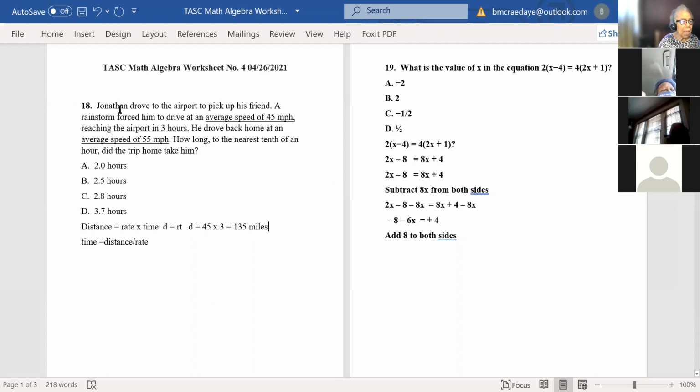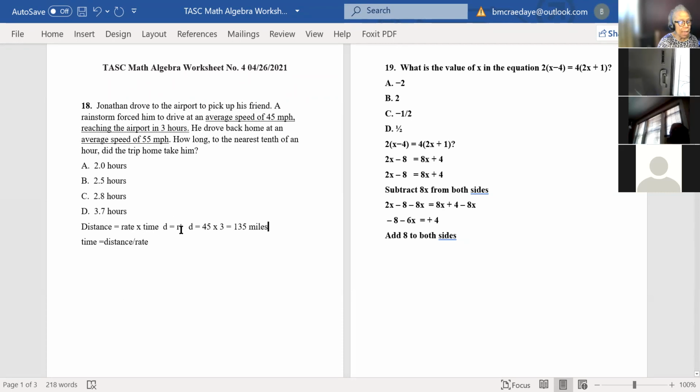With the number 18, it's a round trip, actually. Jonathan drives to the airport from home, and then he drives from the airport back home. Now you were given his average speed going to the airport and how long it took him, 3 hours. And then you were given his average speed driving back home from the airport. Now, distance, this is a formula. You should remember this.